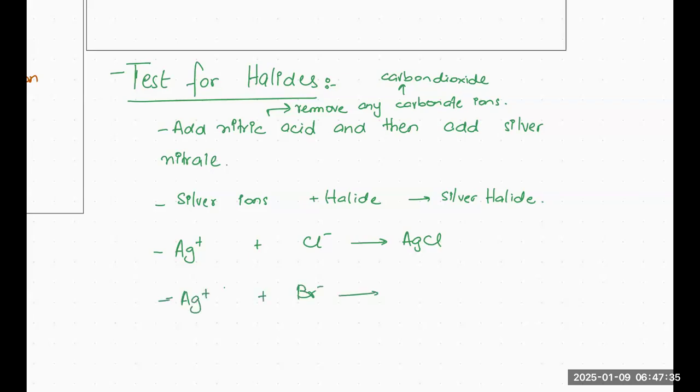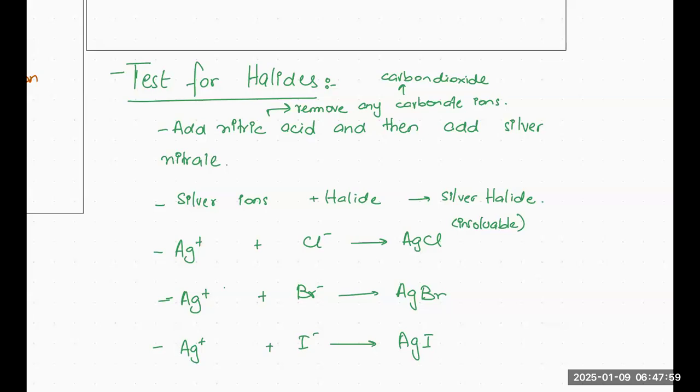Your silver ions can also react with iodide ions to give you silver iodide. Silver bromide, silver chloride, silver iodide: these are all insoluble salts, if you remember the topic of acids, bases, and salts. So when the salt is insoluble, it gives you a precipitate.